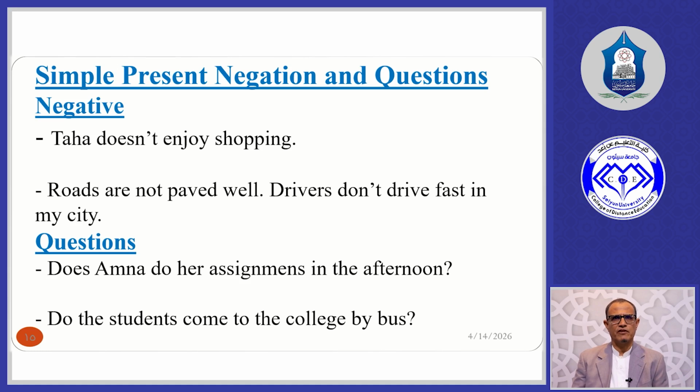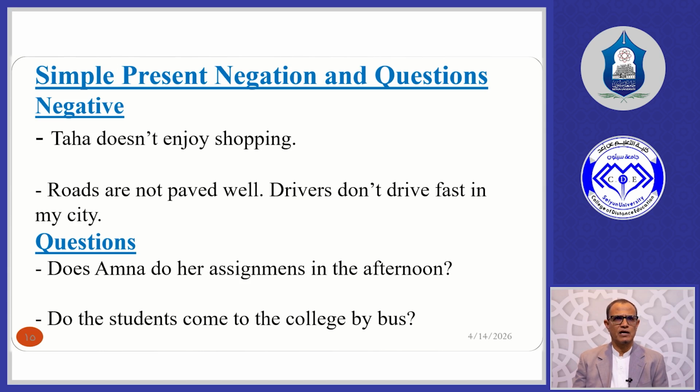But if you have another verb, a main verb like play, visit, or watch, we have to look at the subject. If the subject is singular, we use doesn't after the subject and omit the s from the verb. If the subject is plural, we use don't after the subject. This concerns the negative of the present simple tense.